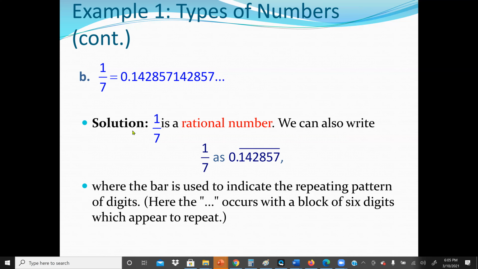In pi, the decimal digits are non-repeating, infinite decimal numbers. 1/7 is a repeating infinite decimal, so it's rational.